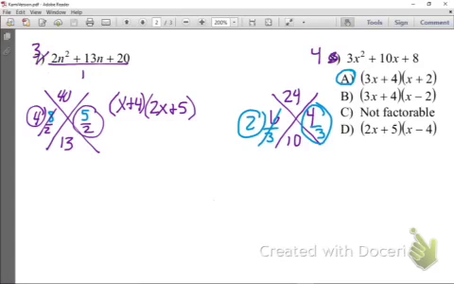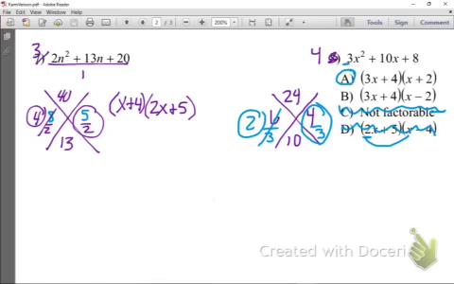Now, if you're one of my lazy students, or I should say actually smarter students, you can actually do this problem without having to factor. When I take a look at this, we've not yet had an answer that says not factorable, so you can immediately cross that one out. I haven't even made that an option for you guys. The second thing I see is this one down here has a 2 in front of it. If I see a 2 times a 1, I know I'm not getting that 3 that I need up here, so I can cross that off.